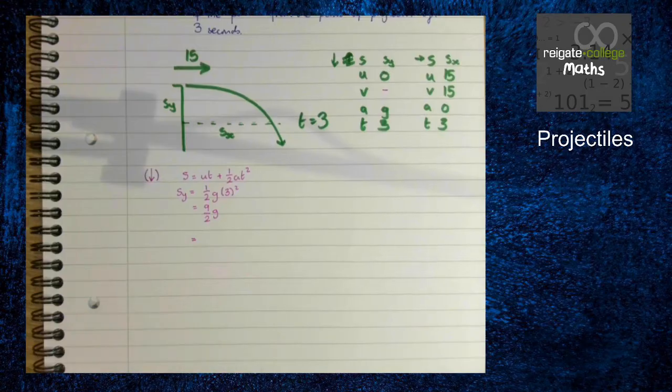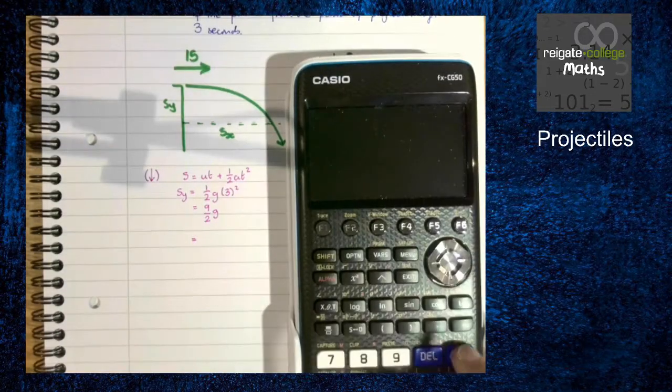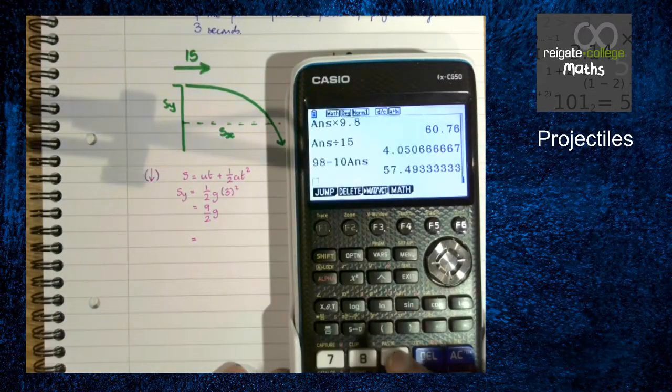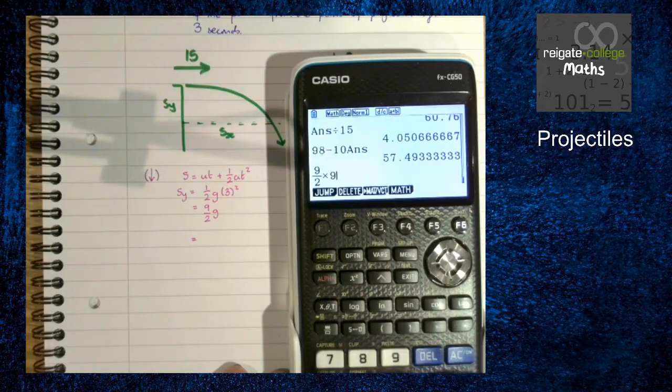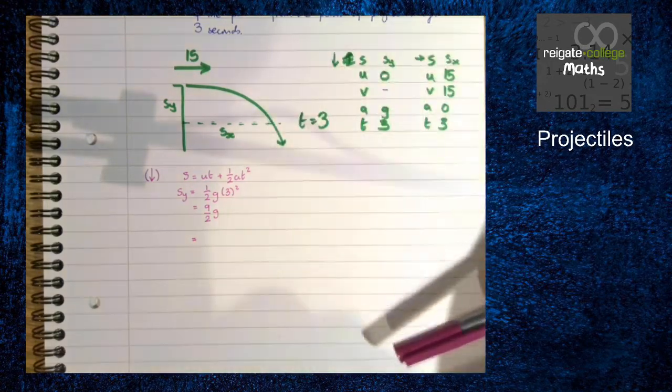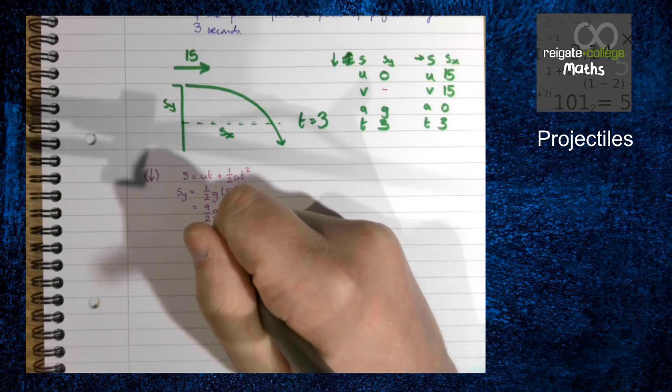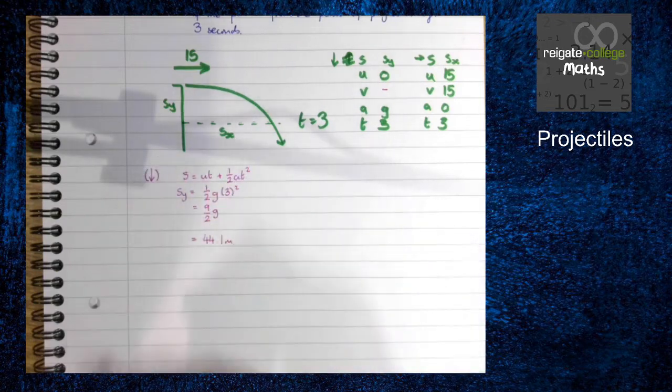So let's work that out. It's going to be 9 times 4.9, so 9 over 2 times 9.8. This gives us 44.1 meters. So it moves 44.1 meters down, which seems like a lot.